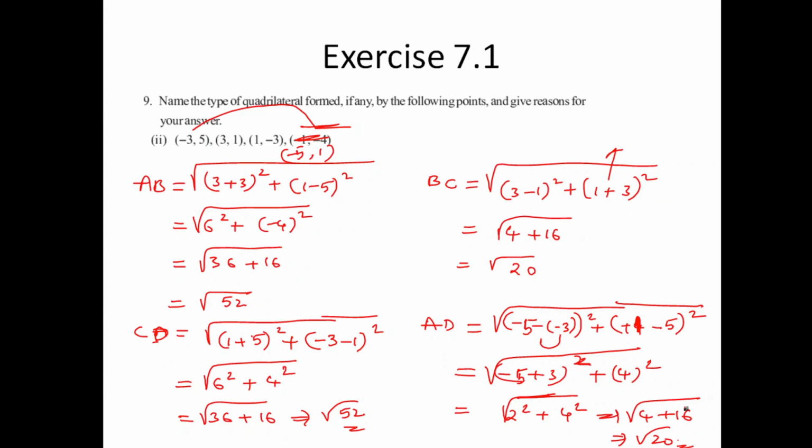So if you are looking at AB and CD are equal, BC and AD are equal. Okay. Now let me write the resultant over here. The resultant of AB was your root 52, and the resultant of BC is your root 20.